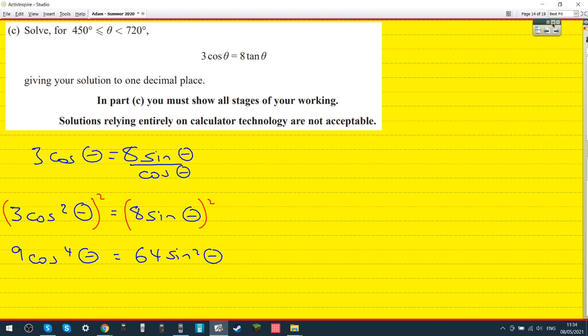Oh, would you make it sine squared minus 1? Or 1 minus sine squared? So sine squared theta plus cos squared theta is identical to 1. And so what is sine squared theta the same as? 1 minus cos squared. Yeah.